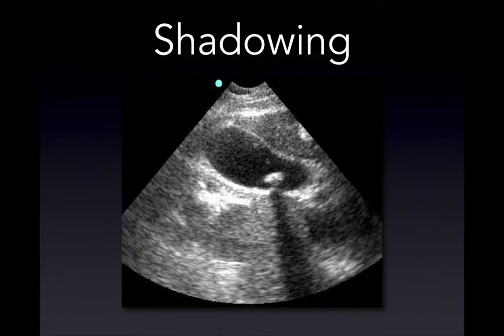So when you encounter a highly reflective structure or surface, the waves bounce back, and there's not a lot of energy to continue, so it creates a shadow. It creates a clean shadow, and it's very common to see that shadowing. That's a gallstone in the gallbladder.